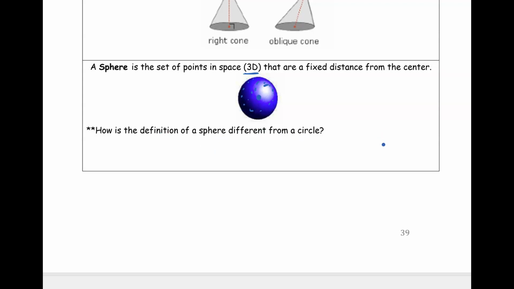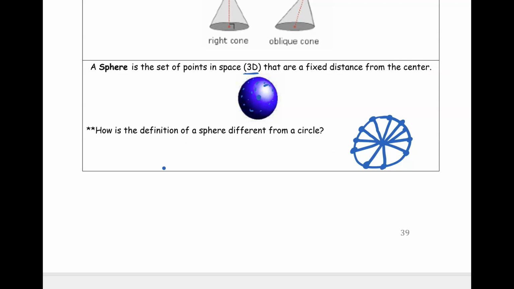If we think about a circle, a circle has a center as well. And the definition of a circle is when you have a set of points that are at a fixed distance away from the center, and if you keep connecting them, you end up getting this circle. So it's very similar to the definition of a sphere, but we have to have some difference here. Otherwise, we're going to get the same thing. So a sphere is not the same thing as a circle.